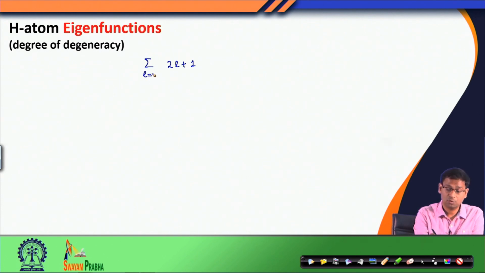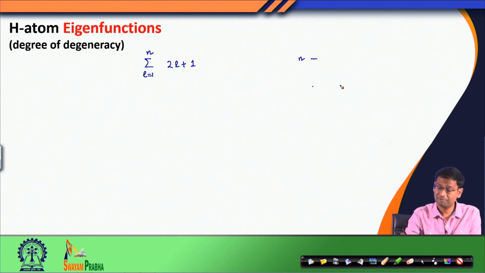So, here L goes from 1 to n. So, for a given value of n, I have n number of L values starting from 0 till n minus 1, since there is a 0.